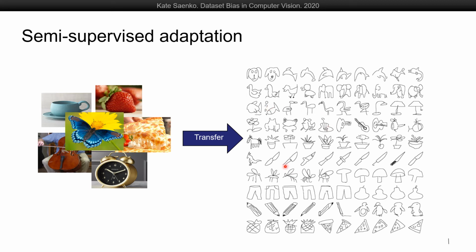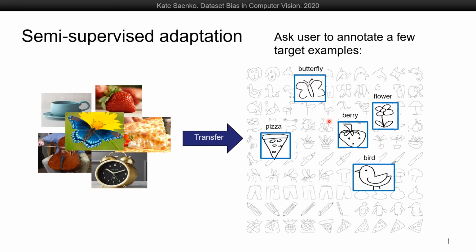And so rather than just using unlabeled target data as we've done so far, what if we could ask our user to annotate a few examples from the target domain, right? So they could maybe provide 1 to 3 labels per category for us. And then we still are going to use the unlabeled data as well.